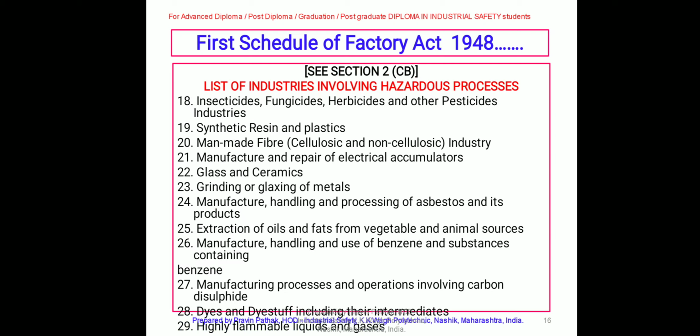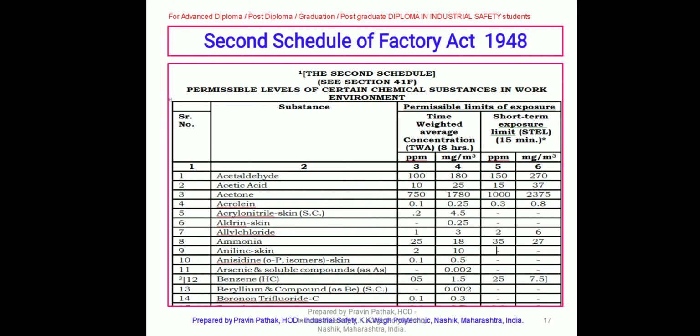These are the 29 hazardous processes which are under the first schedule.